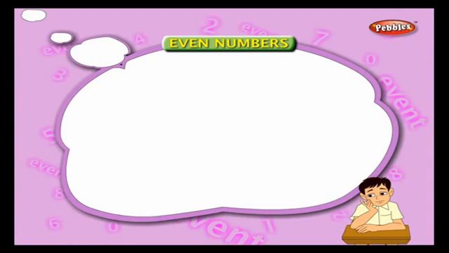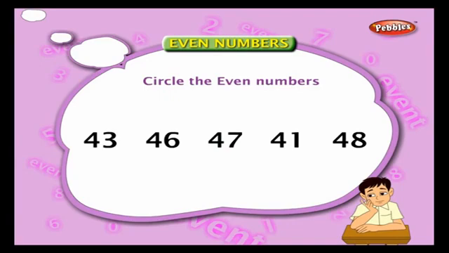Even numbers. Numbers ending with 0, 2, 4, 6 and 8 are called even numbers. Let us now circle the even numbers in the given 5 numbers. 43 ends with 3, so it is not an even number. 46 ends with 6, so it is an even number.